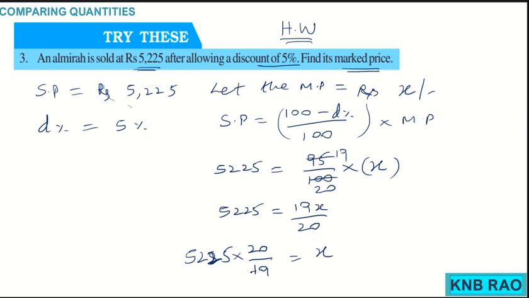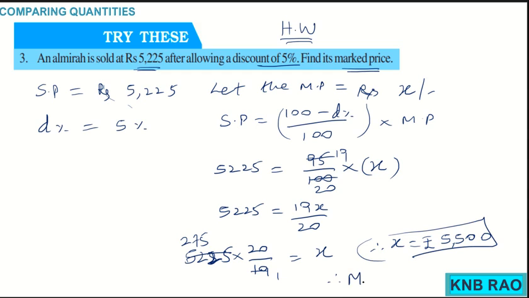If you cancel this, 5,225 divided by 19 is 275. So X equals 275 times 20, which gives you 5,500 rupees. So that means here we got the market price of the almirah as rupees 5,500. So this is how we solve this question.